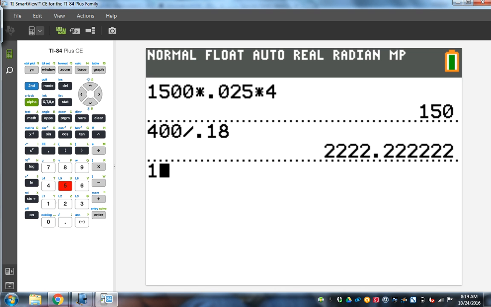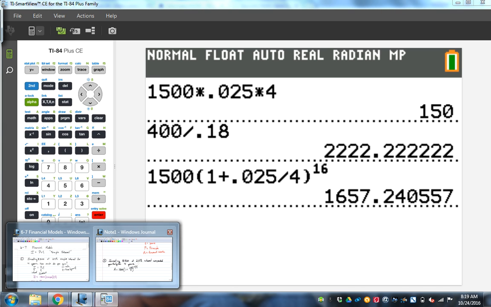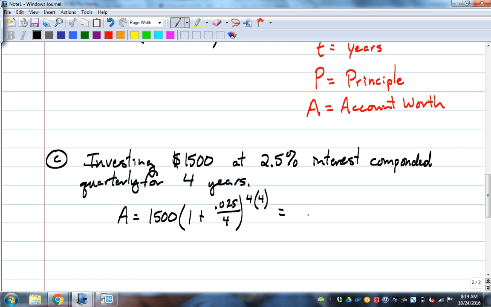So 1,500 parentheses 1 plus 0.025 over 4 close parentheses, and 4 times 4 is 16. Just put a 16. The account worth is, you can't see that, $1,657.24. Is that what y'all got?